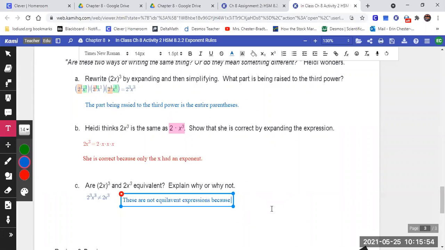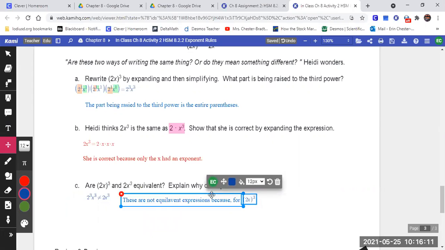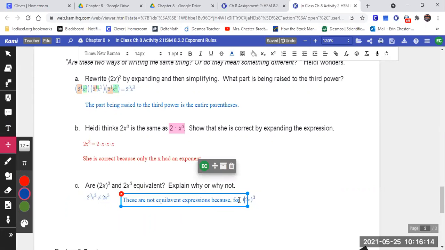Exactly. For, I'm gonna go over here, remember? Parentheses 2x to the third power. And we're just gonna move them where we want them. The exponent went for all parts inside the parentheses.